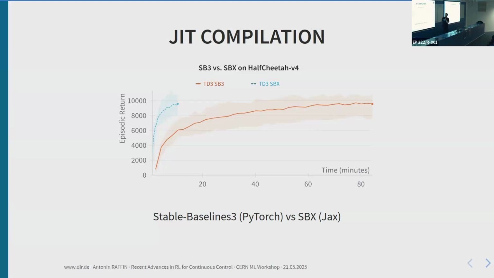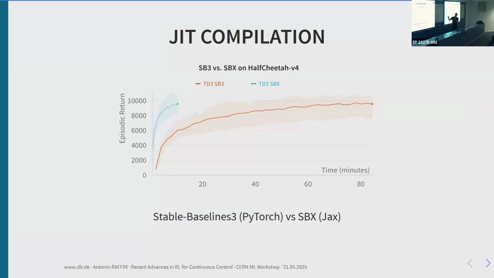By using just-in-time compilation, and also rewriting everything in a functional way, you can get a huge performance boost. For me, the boost here was from 2 hours to 10 minutes. So you can imagine that now you can iterate much faster. On some other setups, the speedup is between 5 and 20 times faster. So it's a real game changer in terms of what you can do.